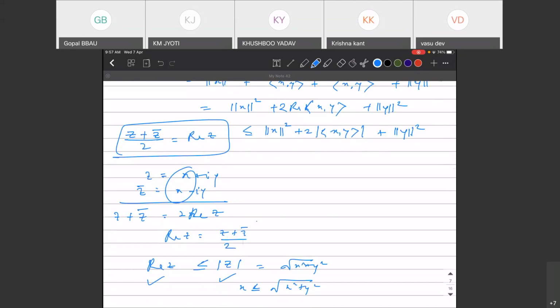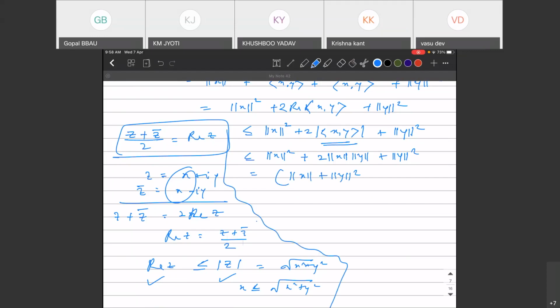Now use the Cauchy-Schwarz inequality. So this is ‖x‖² plus 2 times this part, which is less than or equal to ‖x‖‖y‖, plus ‖y‖². If you see this, this is a² + 2ab + b², so it's (a + b) whole squared. This is nothing but (‖x‖ + ‖y‖)².